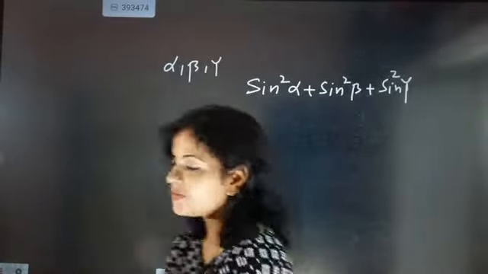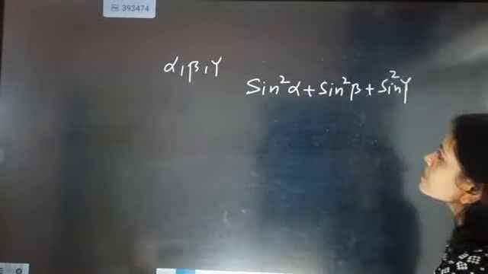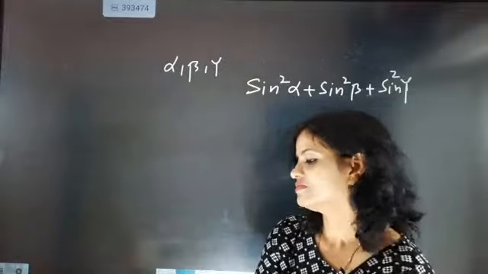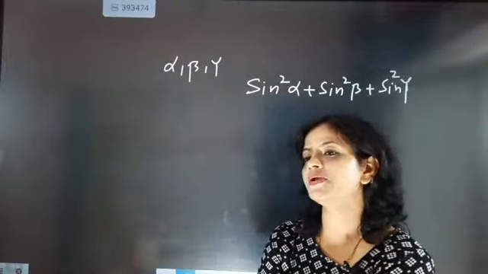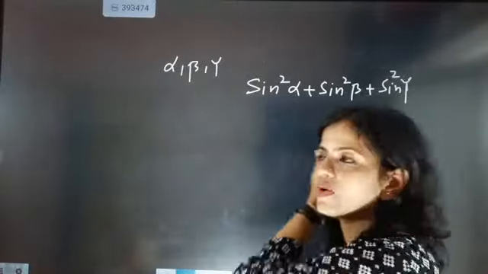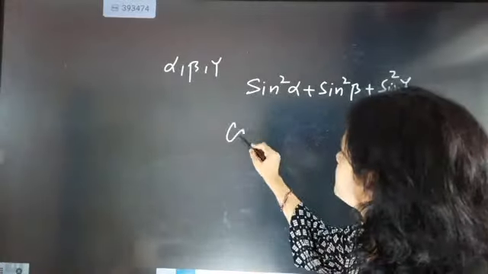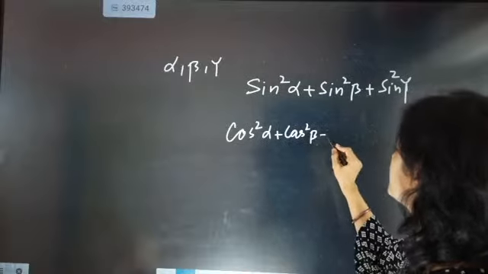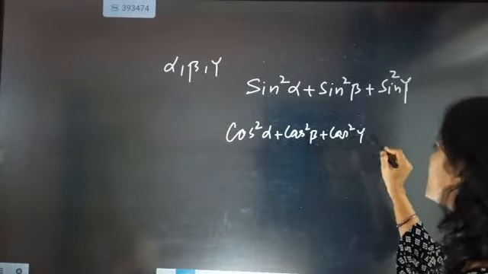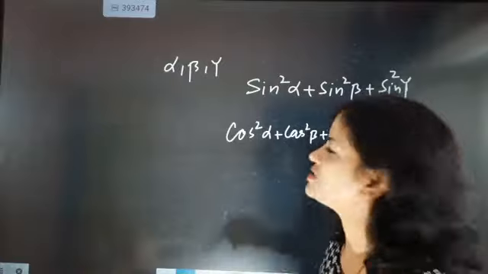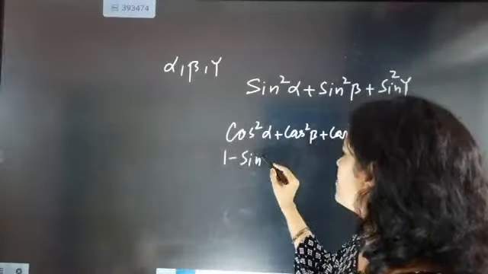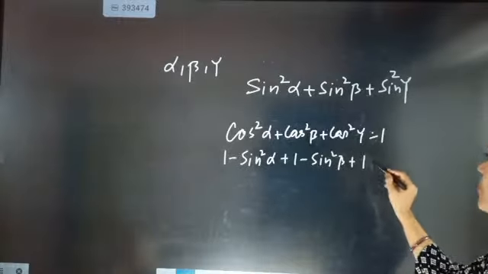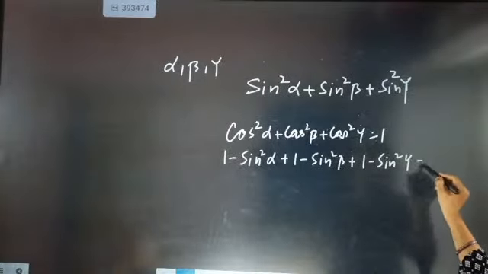Cos square alpha plus cos square beta plus cos square gamma will be equal to 1. So it will become 1 minus sine square alpha plus 1 minus sine square beta plus 1 minus sine square gamma will be equal to 1.